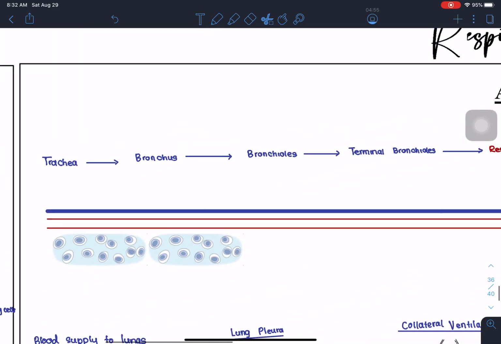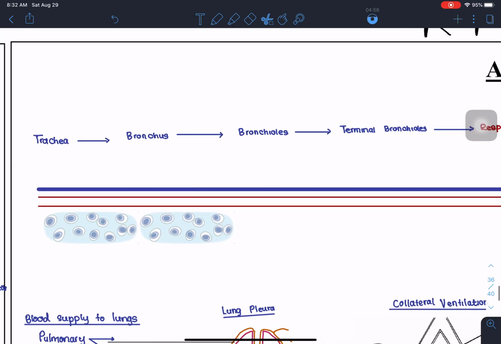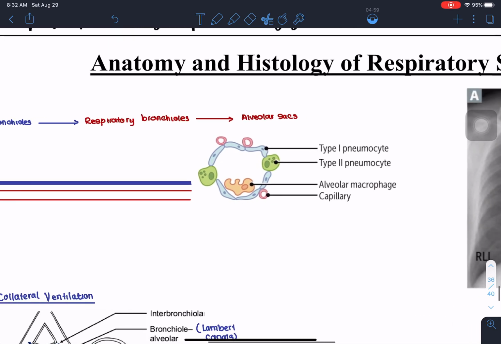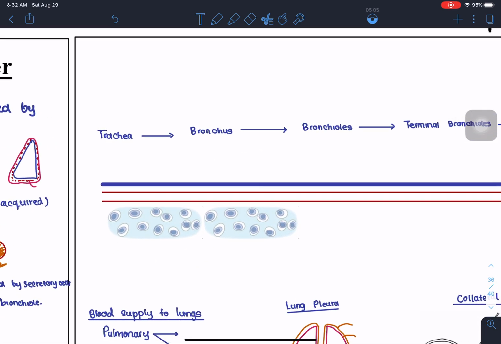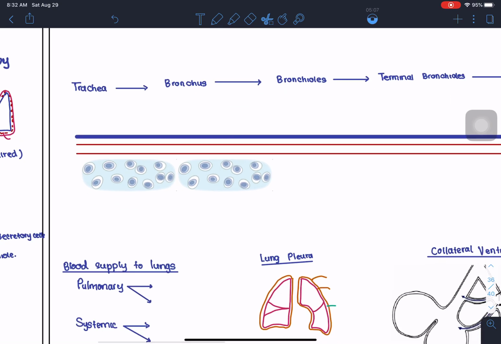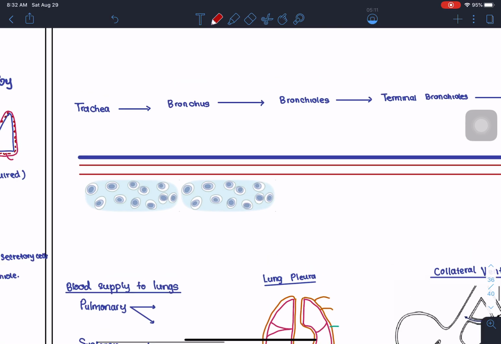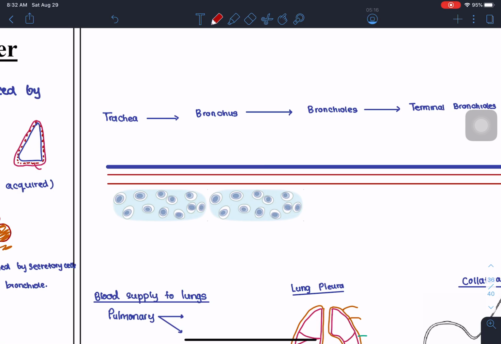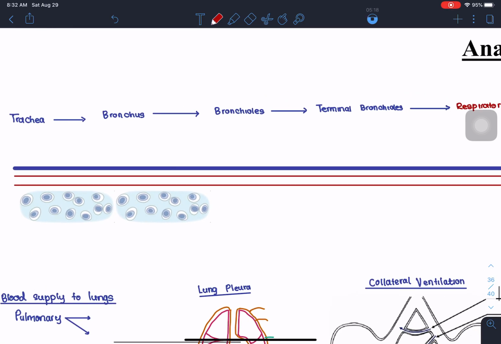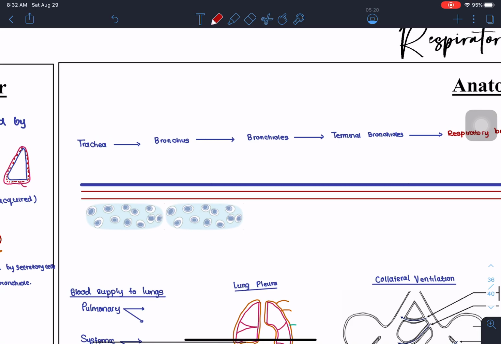Next, I will talk about the anatomy and histology of the respiratory system, because most of you do not remember this, and this is important to understand pathology. So first, we have the trachea. Then we have the bronchus. The bronchioles and the terminal bronchioles, all of these together are called the conduction zone.